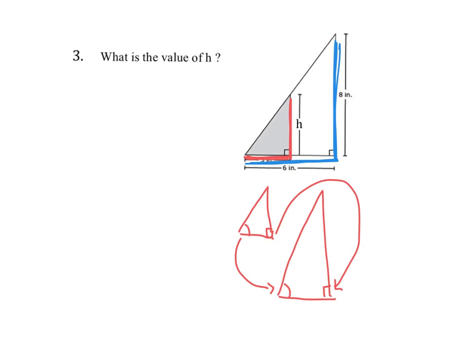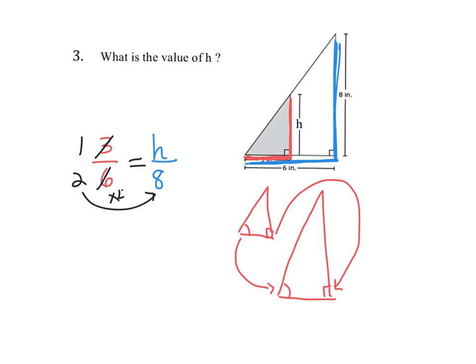We have 3 over 6 equal to h over 8. We can cross multiply, or we can simplify, however it works for you.